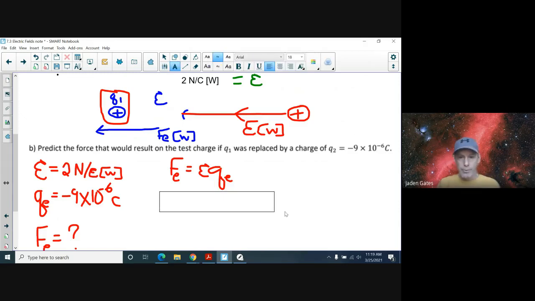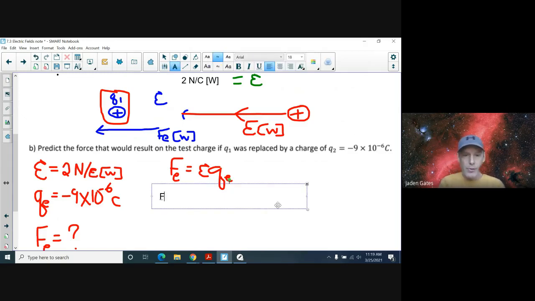Here we go, a little substituting in. So I've got Fe is equal to. Now, I'm going to say that west is negative, east is positive. So when I put in for epsilon here, I'm going to put in a -2 because it's west. Now my charge here, I'm just looking at the charge.